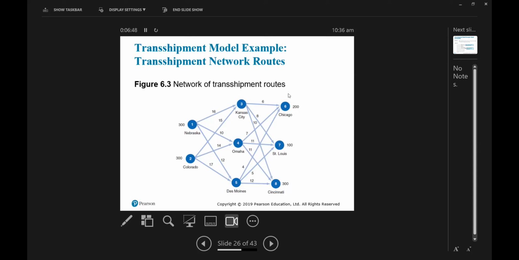This model doesn't show that. We were telling you that there can be a transshipment problem where you may be required to ship direct, and the solution for some of them may tell us that we should ship direct.